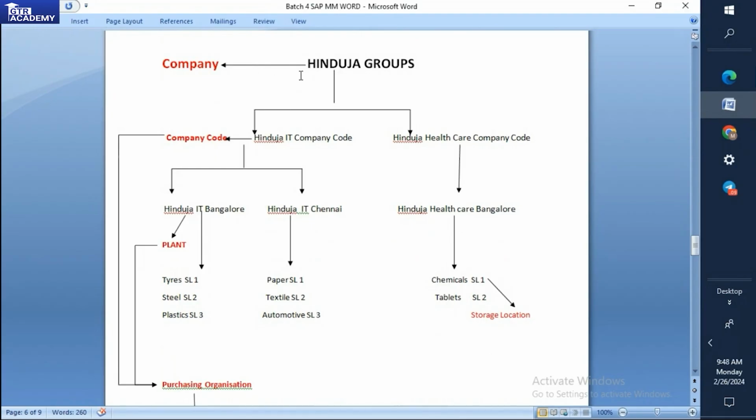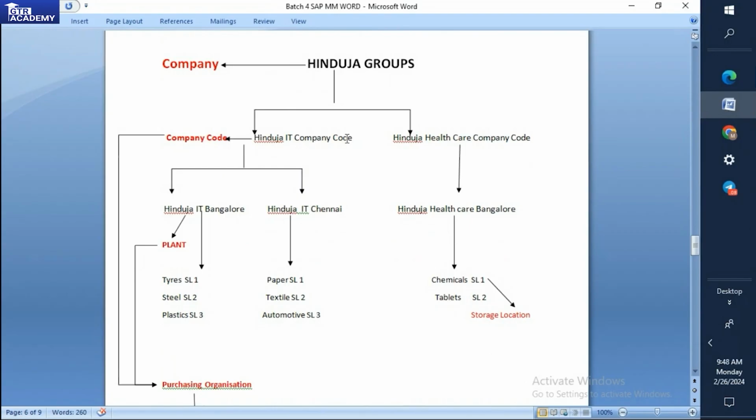So under one company, it can have multiple company codes. Only for understanding purposes, I have given you two company codes: under the Hinduja group, there is a Hinduja IT company code and a Hinduja healthcare company code. These are the two different company codes under the company.